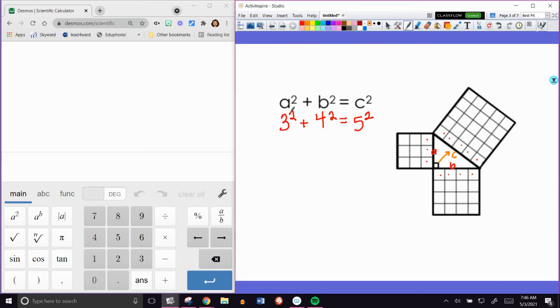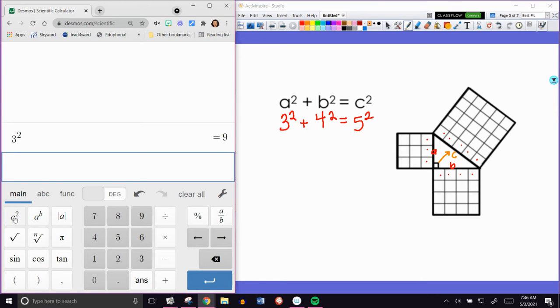So when I do 3 squared, if I typed that in, I get 3 squared, and my answer is 9. Well, I do notice that there's 1, 2, 3, 4, 5, 6, 7, 8, 9 squares for that side, all right?